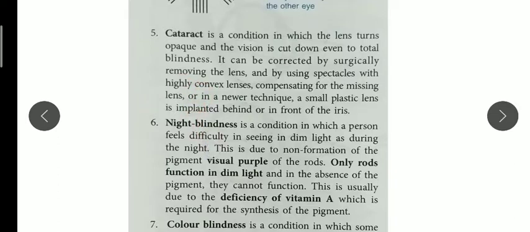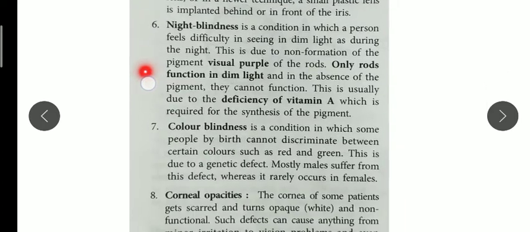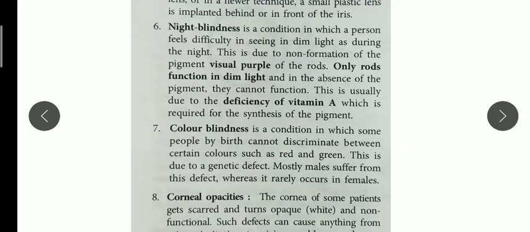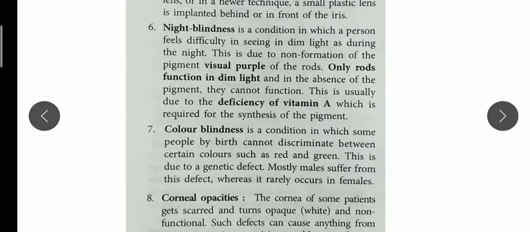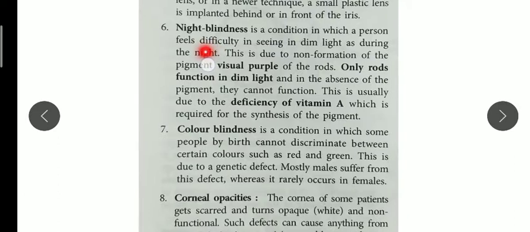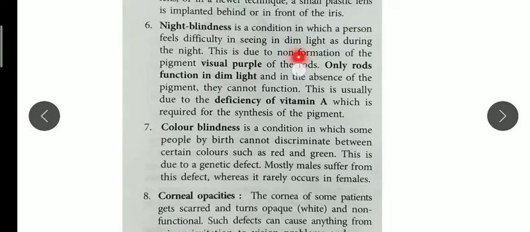Next one is night blindness. Children, you know that night blindness is a deficiency disease which occurs due to the deficiency of vitamin A. From the lower classes you have known this. So what happens in this condition? A person feels difficulty in seeing in dim light, and we all know that dim light vision is due to rhodopsin, the rod cells.